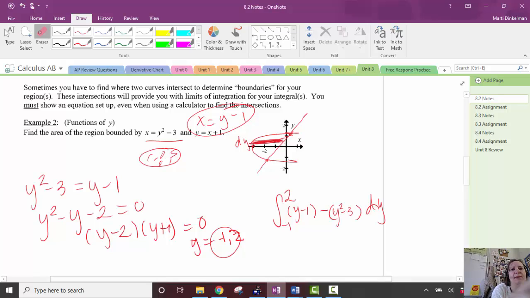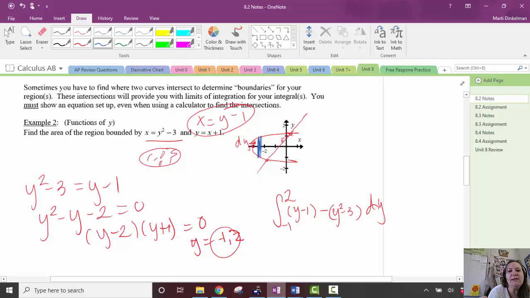Now, let's think about what happens if we don't do it that way. Let's say we try to do rectangles in the direction that our brain normally wants us to do. Well, this rectangle that I have to draw here, I want you to think of it as movable. If I draw it there, the weird thing is that the top and the bottom are the same function. They're both that parabola.